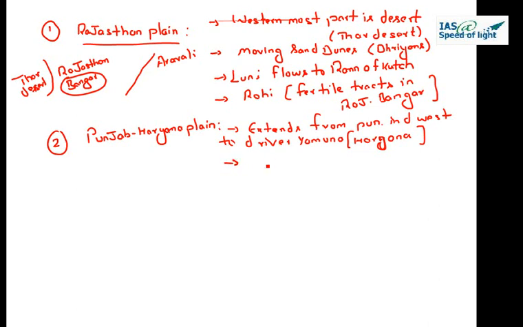The second point we can note down is land of five rivers, made up of Doabs. Doabs are the area between two rivers.